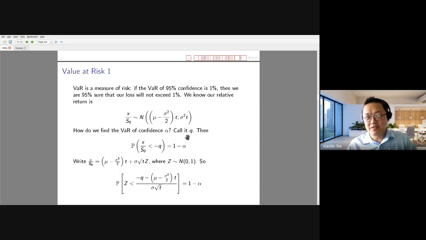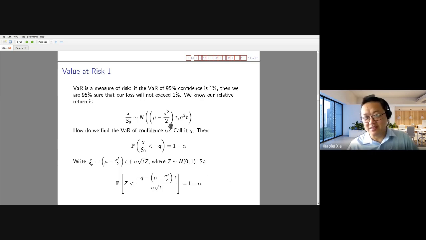The condition for Q is that the probability of our relative return being less than minus Q, meaning that we lose more than Q, the percentage that we lose from this investment, is less than Q. And of course, we want this probability to be 1 minus alpha, because alpha is how confident we are that the loss will not be exceeded.